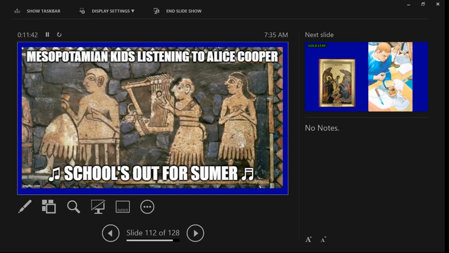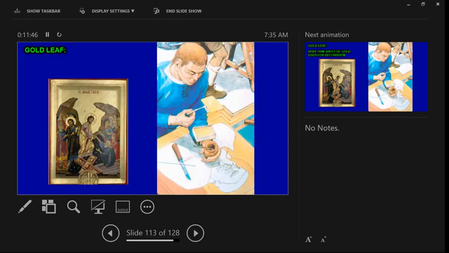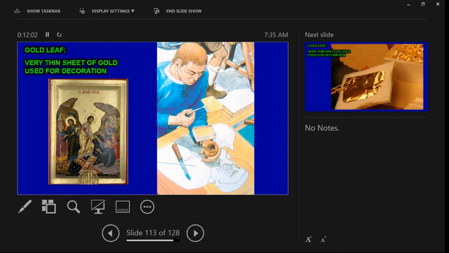He's singing about Mesopotamia. I want you to know what gold leaf is. We're going to be talking about gold leaf throughout this semester. These are very thin sheets of gold used for decoration. So when you go to an art museum and you might stand in front of an image like this, it looks like gold paint.